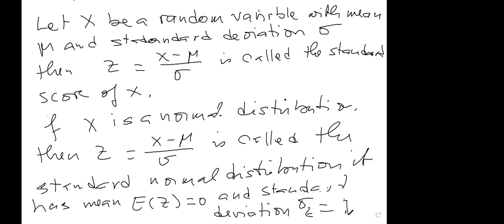So we are saying that if x is a normal distribution, then z is a normal distribution called the standard normal distribution, which means mean 0 and standard deviation 1.